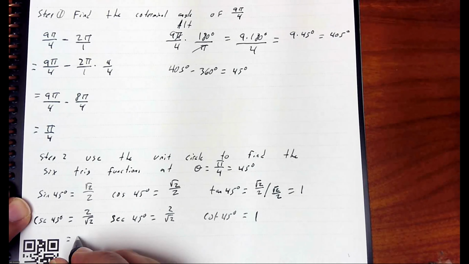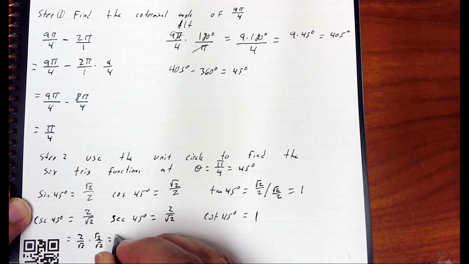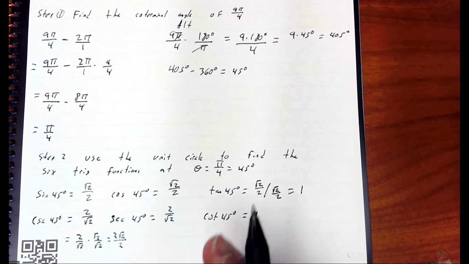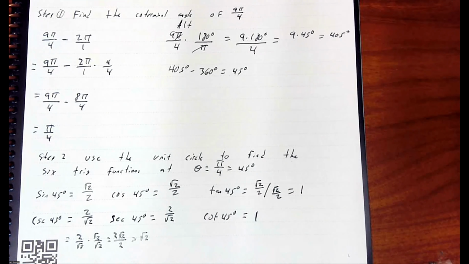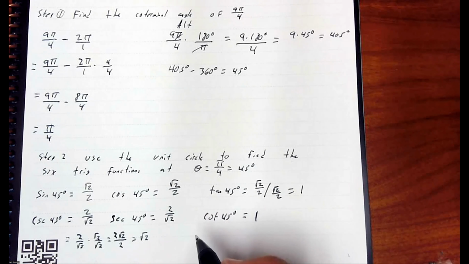So this would be 2 over root 2 times square root 2 over square root 2, which is 2 square root 2 over 2, which is root 2. So these two would become just root 2. Ran out of space, I'm sorry. You see what I'm saying?